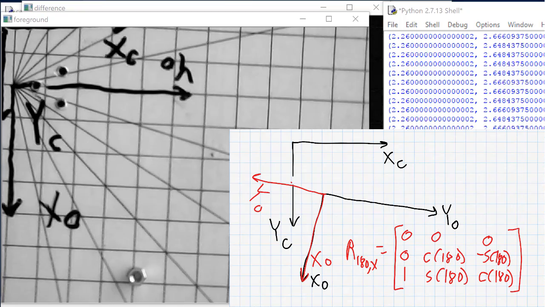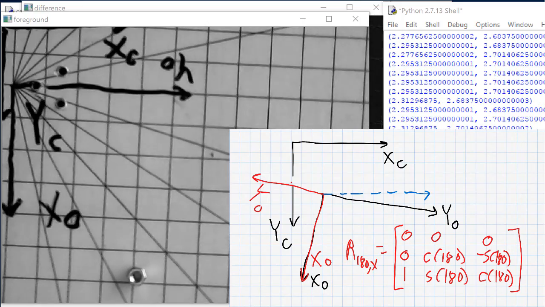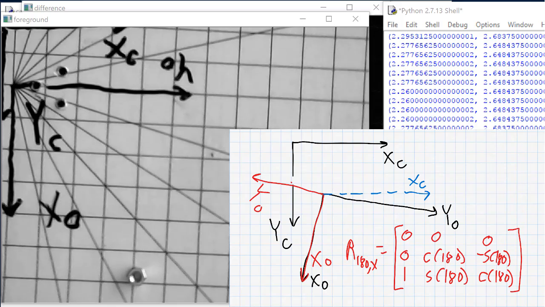Now, how could we rotate this new 0 frame in order to get x0 to match xc? We could rotate around the new z-axis, which is pointing down. We would have to rotate a little bit more than 90 degrees, and the rotation would be in the negative direction, which you can tell by using the right-hand rule.